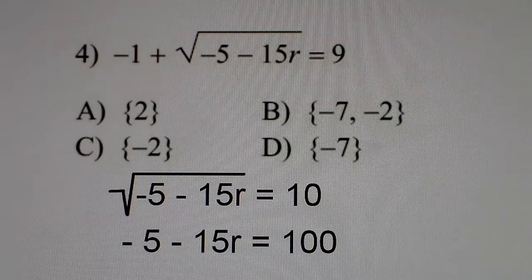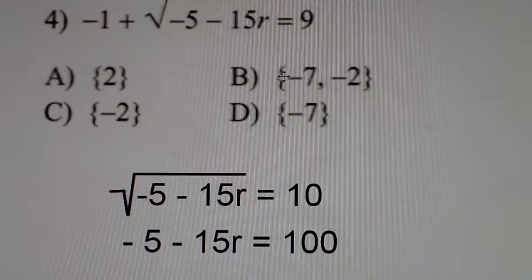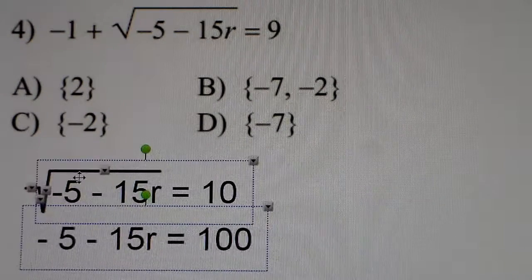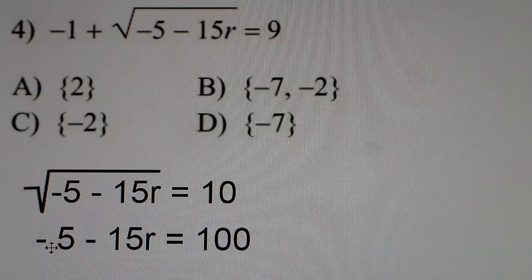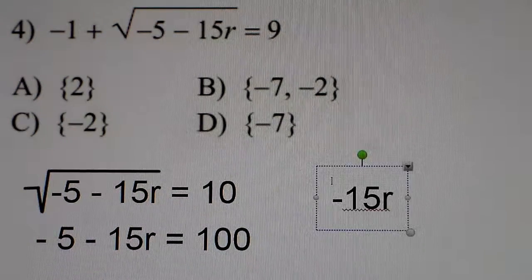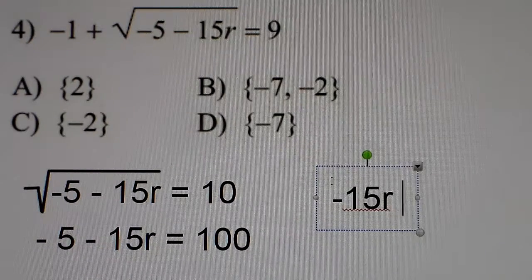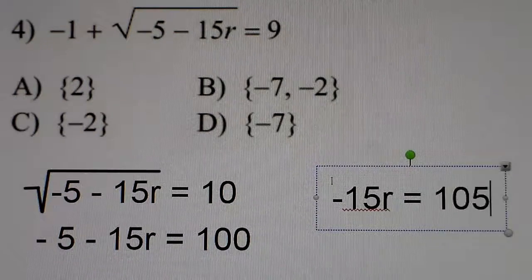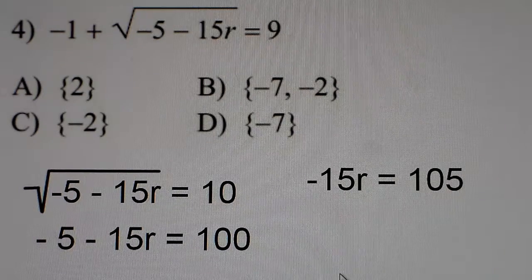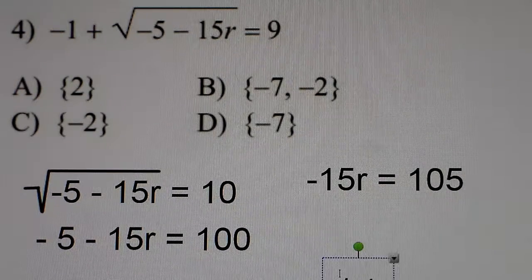Then I'm going to add 5 to both sides. So we add 5 here and here, and we're going to get negative 15r equals 105. Then we're going to divide by negative 15 to both sides.